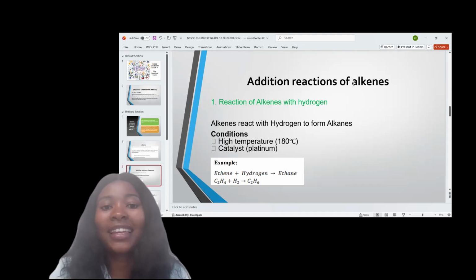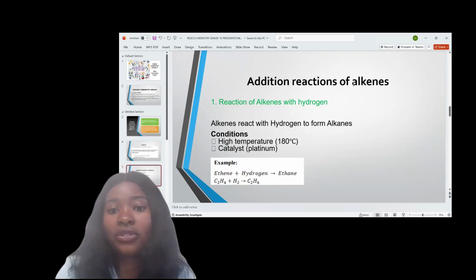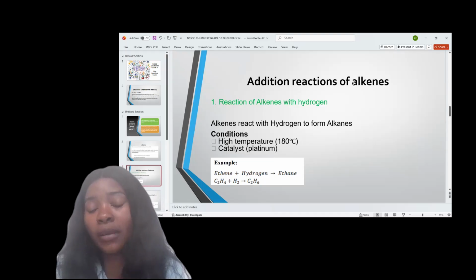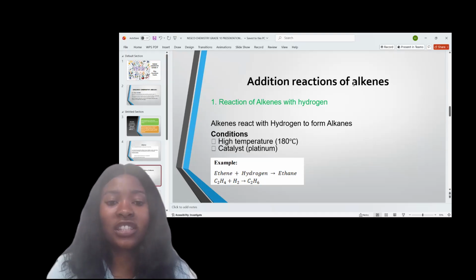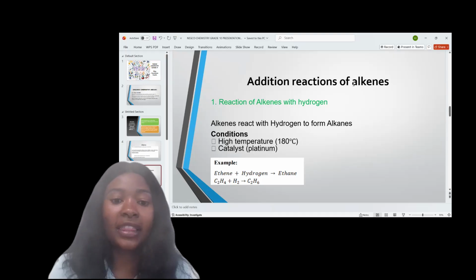So in the reaction of alkenes with hydrogen, the alkenes react with hydrogen so that they form the alkanes, what we spoke about in the previous lecture. The conditions that need to be met here are a high temperature of 180 degrees Celsius and a catalyst, which should be platinum.